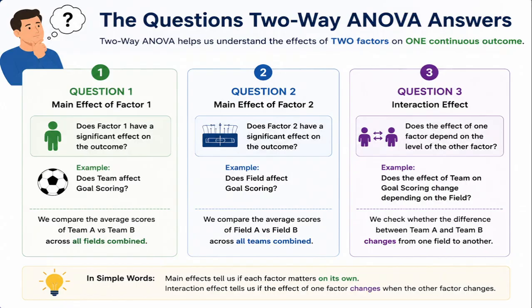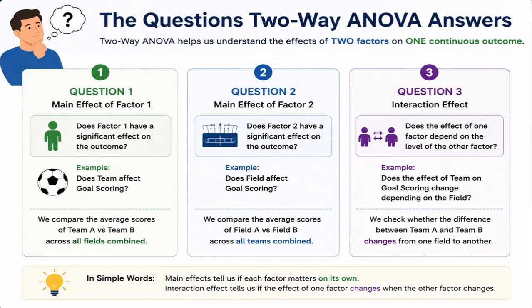And then the interaction is just about trying to use each and every one of the teams and then match it on the field they play the match. So team A and then team B, what are their scores in field A? Team A and then team B, what are their scores in field B? So for example, does the effect of team on goal scoring change depending on the field?